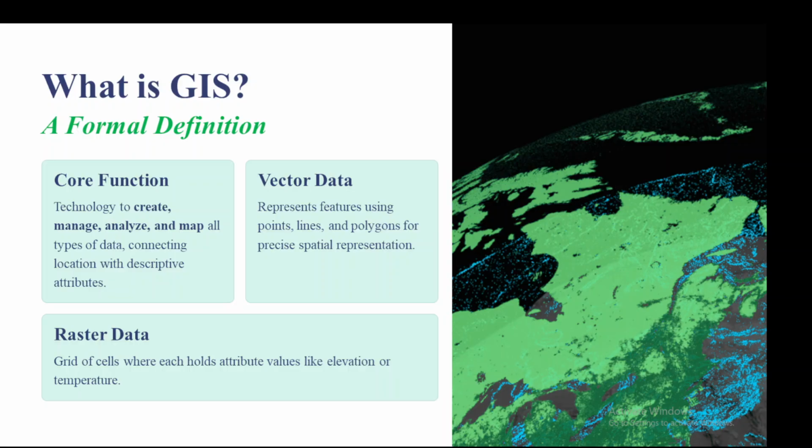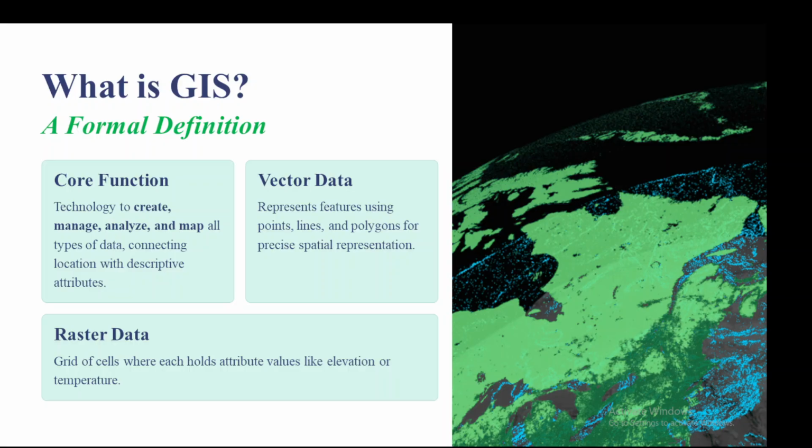Let me give you yet another example. If a public health researcher maps diseases across a city, GIS is able to reveal clusters that might be linked to poor sanitation or pollution.